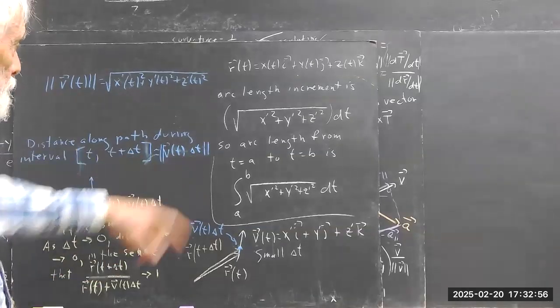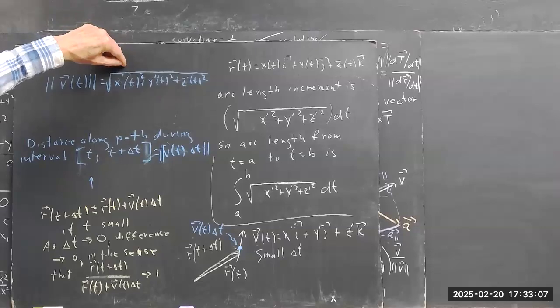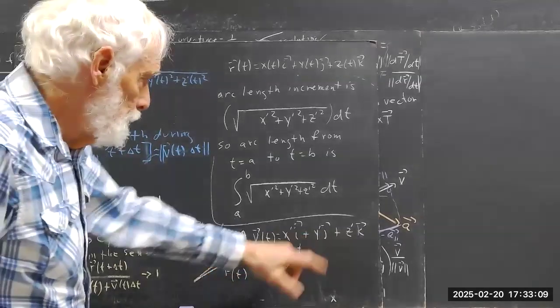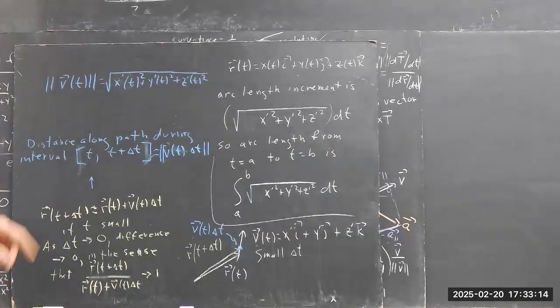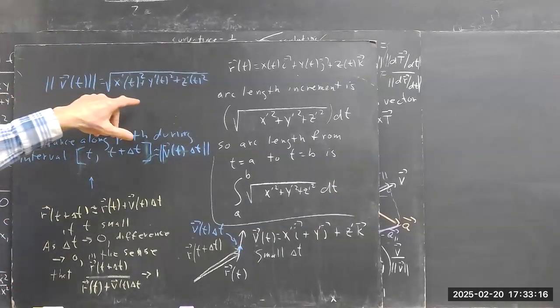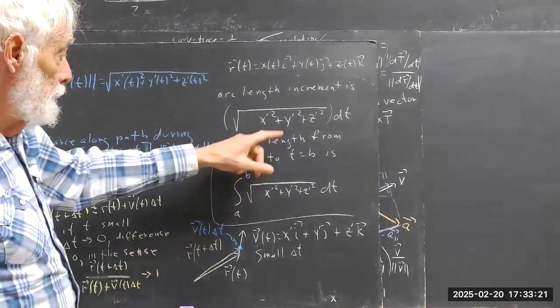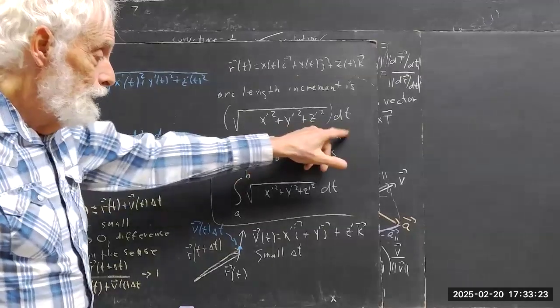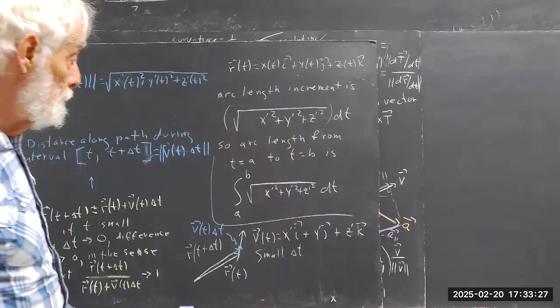If that's the distance we travel in time delta t, then since the magnitude of v of t is just this, because there's our v of t vector, we just add the squares of its components, take the square root. Then if I multiply this by delta t, I'm going to get something that pretty clearly gives us this increment in the limit as delta t approaches zero.